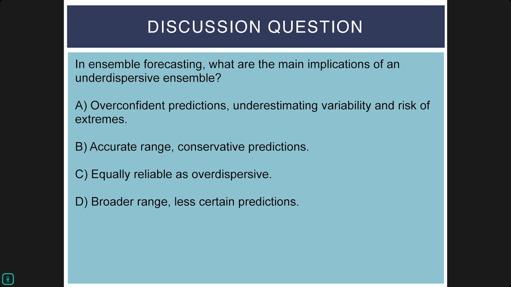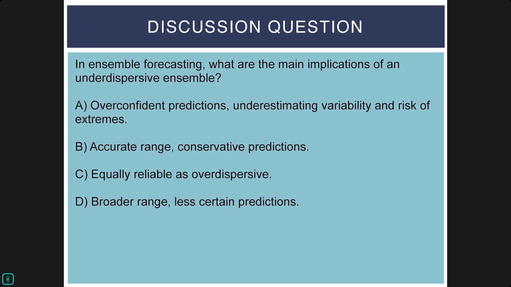So let's do another discussion question on this. In ensemble forecasting, what are the main implications of an under-dispersive ensemble? How many of you know what under-dispersive means? Under-dispersive means that the ensemble is not dispersing enough, right? The ensemble members are close to one another rather than being far apart. So what are the implications of something like that?